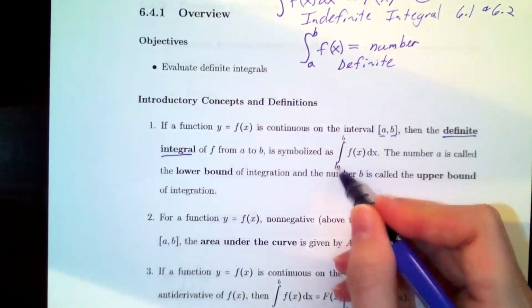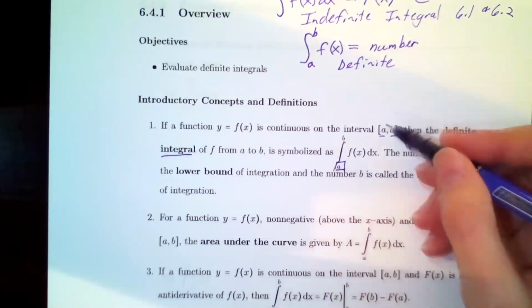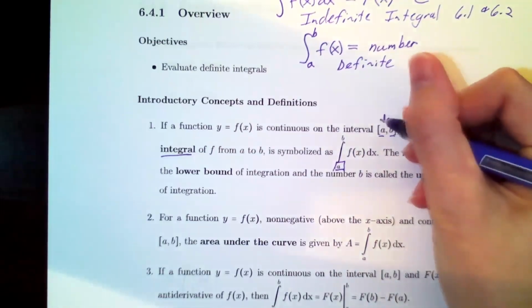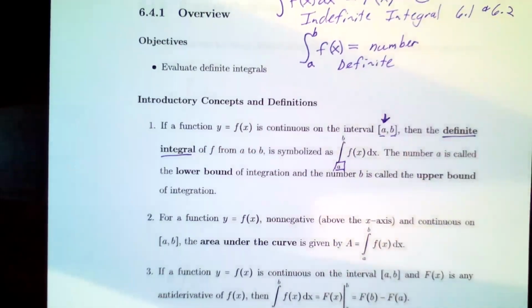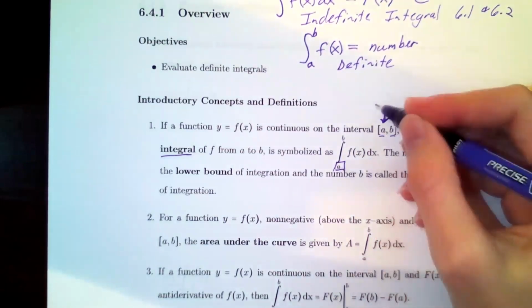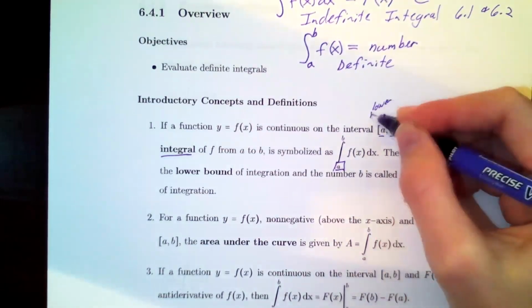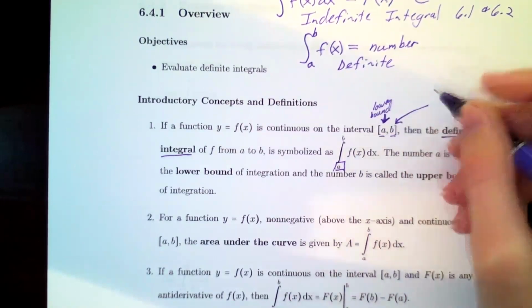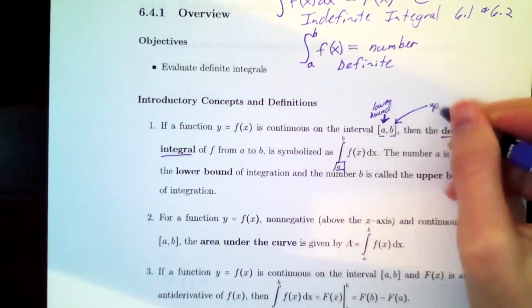Now, the number a is called the lower bound. It's the first number you see in this interval, a to b. So the first number you see is called the lower bound, and the second value you see in your interval is called the upper bound.